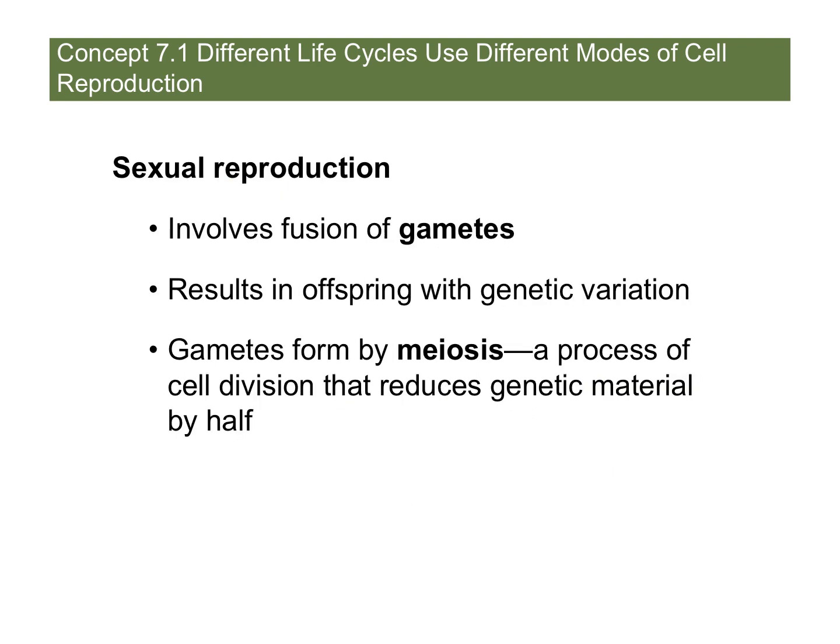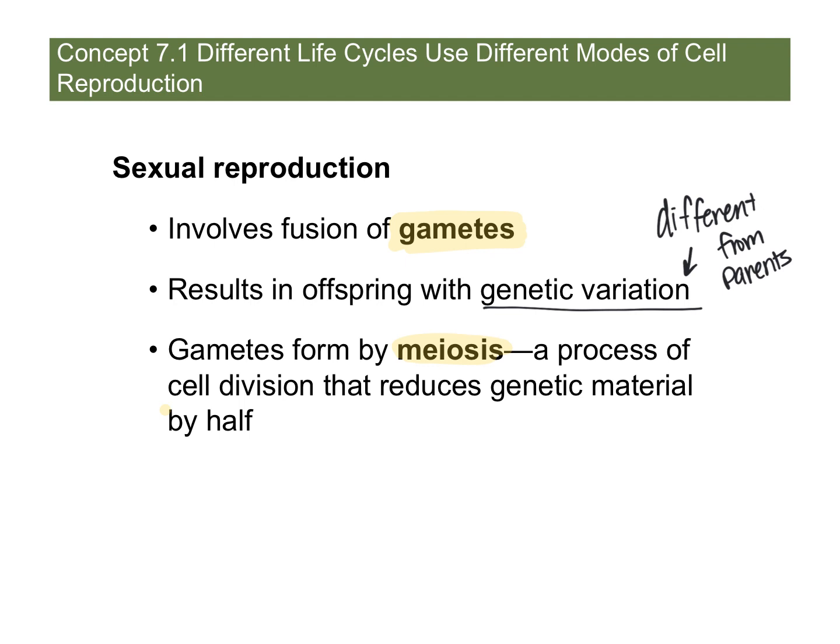Now, sexual reproduction involves the fusion of gametes. It results in offspring with genetic variation. In other words, the genetic information of the offspring is going to be different than that of the parents. Gametes form by a process called meiosis.